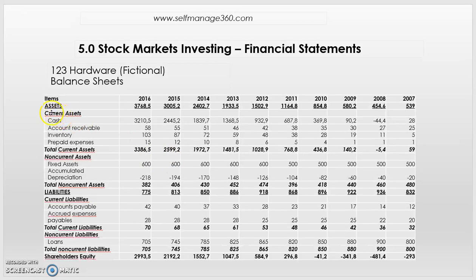The same applies to current assets. Current assets are assets that can be converted into cash within a year, and non-current assets are assets that may not be easily convertible into cash in the next 12 months.